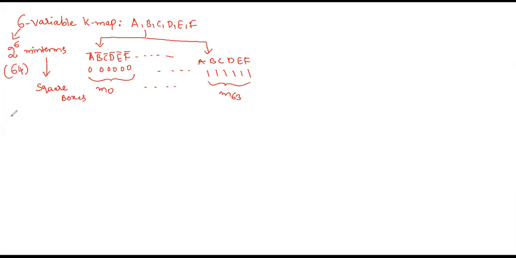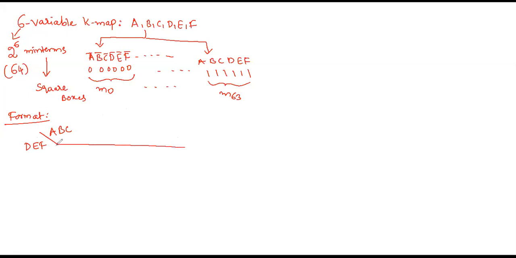And the format. Divide the variables into 2 parts. The division is up to you; you can divide it any way. I am dividing into 2 equal parts: A, B, C on one side, D, E, F on the other side.